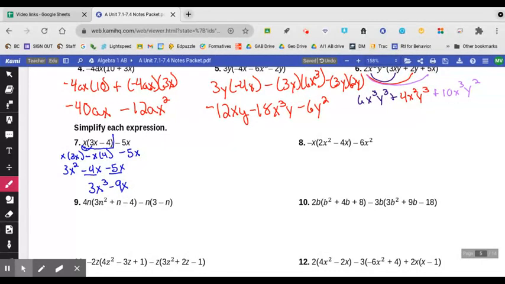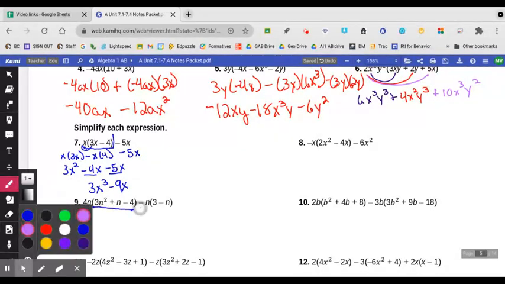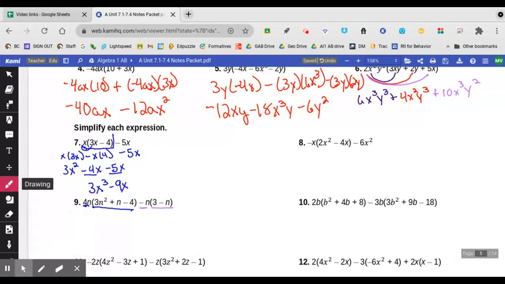So I'm going to do number 9. So I'm distributing the 4n to these first parentheses, and then I'm distributing the negative n to the second parentheses. You only distribute to the parentheses right after it.